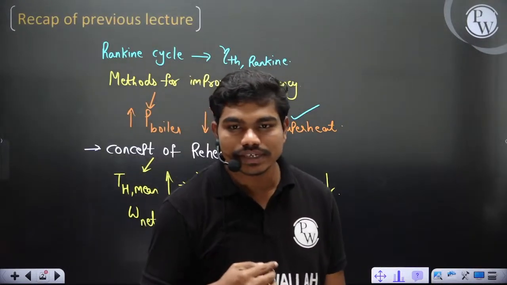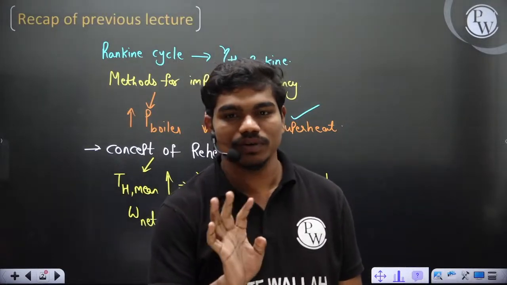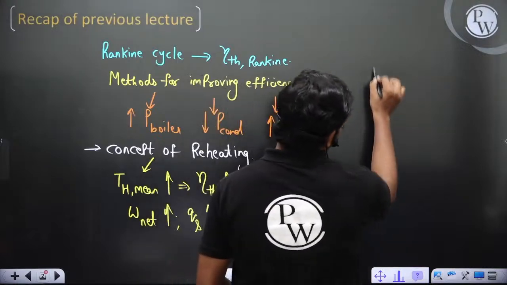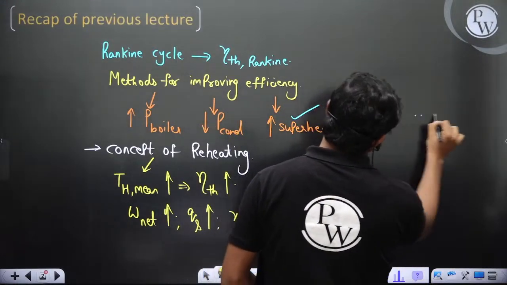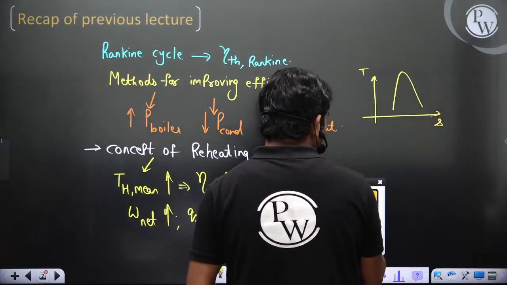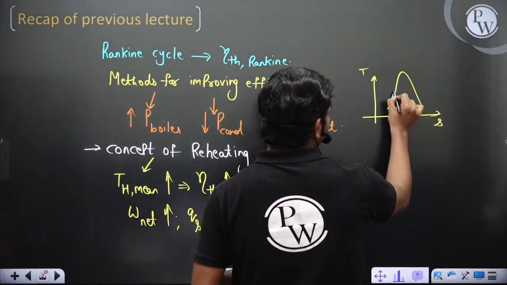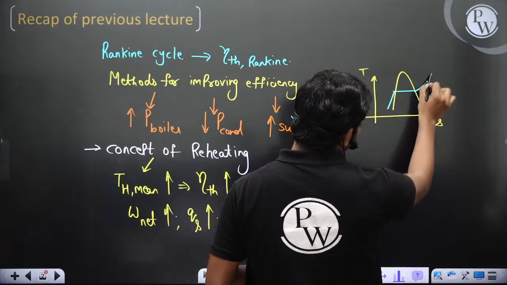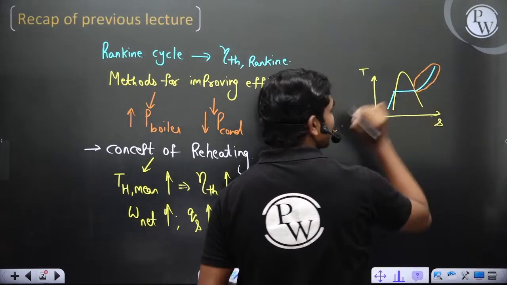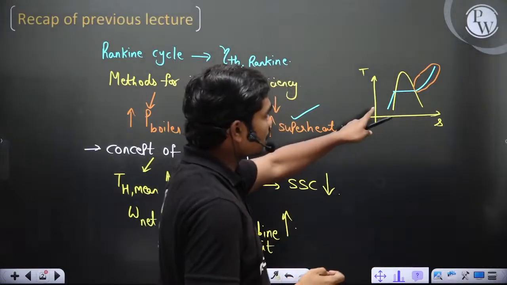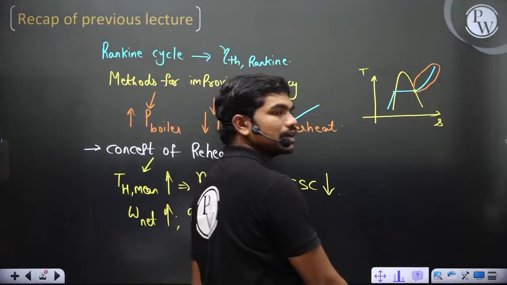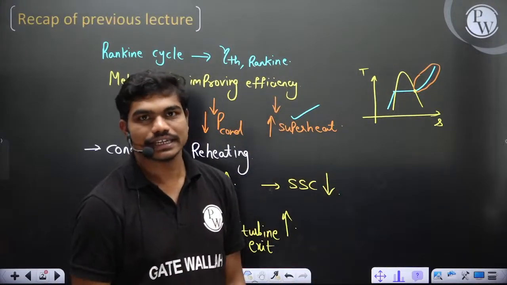Someone asked: are reheating and superheating the same? No, reheating is different and superheating is different. If this is a T-s diagram and I am heating a substance, beyond this point, if I start heating, this is called superheating. You convert complete liquid to vapor at this point, but if you heat even further, that's called superheat.